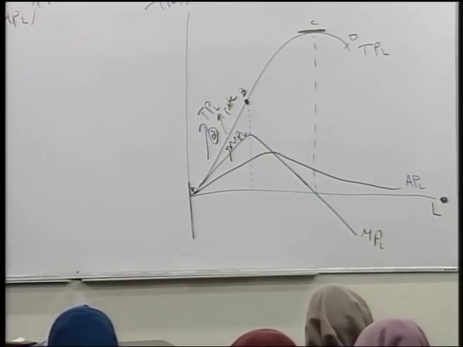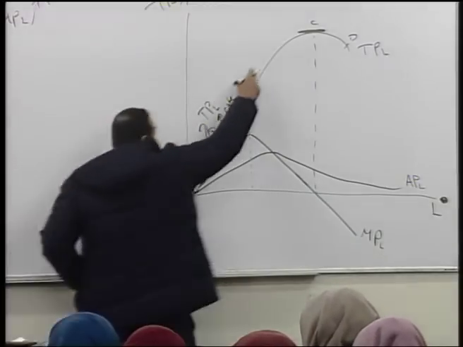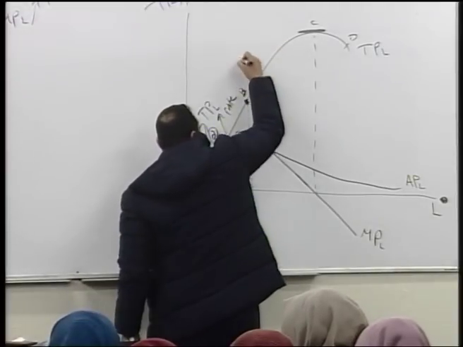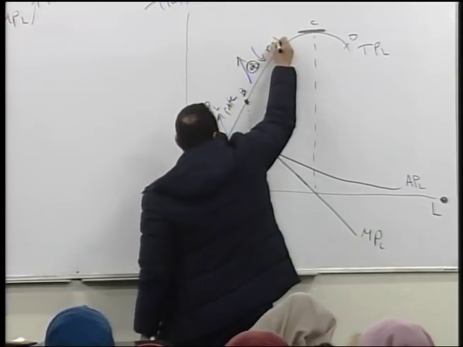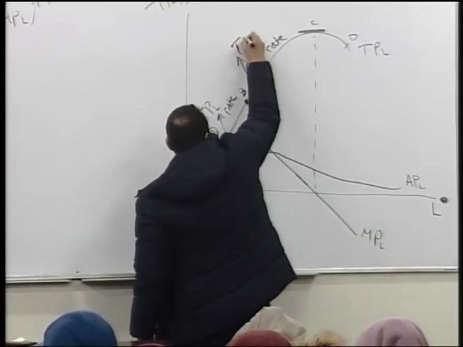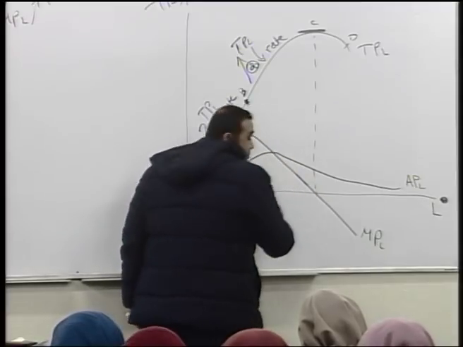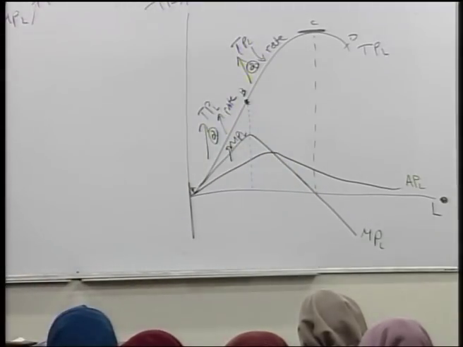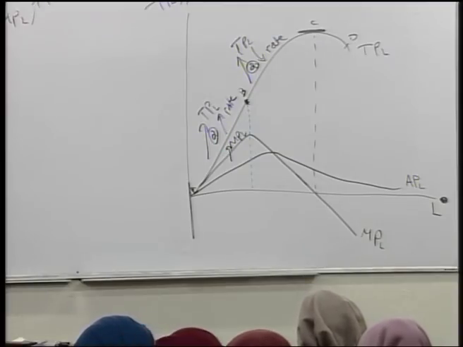Right? So, the second stage, from B to C, the total production of labor is increasing at a decreasing rate.